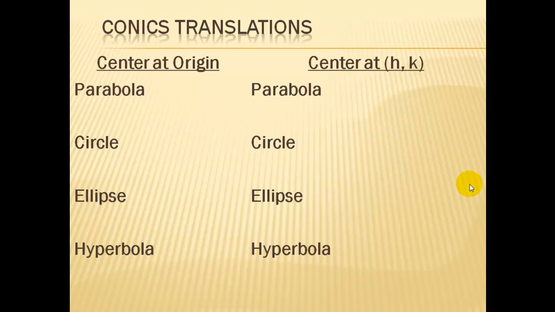Let's look at the translations of the standard forms of the equations. On this chart, I'm just going to be showing the horizontal versions of the various shapes. You'll be able to figure out the equivalent for the vertical because you'll see a repeating pattern here. So to translate our parabola to a vertex of h, k, we just subtract h in a parentheses next to the x and subtract k in the parentheses next to the y.